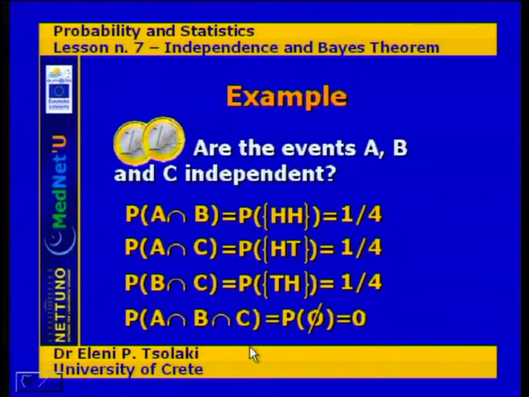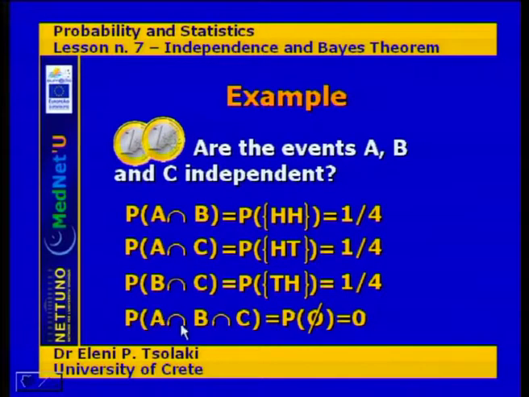We should not forget that although here the probability of A intersection B is equal to the probability of A times B, A intersection C equals the probability of A times C, and B intersection C equals the probability of B times C, we need to check all three together as well. So we need to check if the probability of A intersection B intersection C is equal to the probability of A times the probability of B times the probability of C.